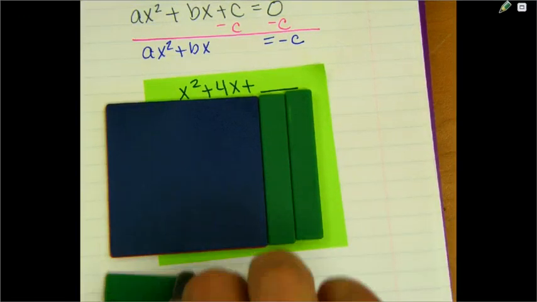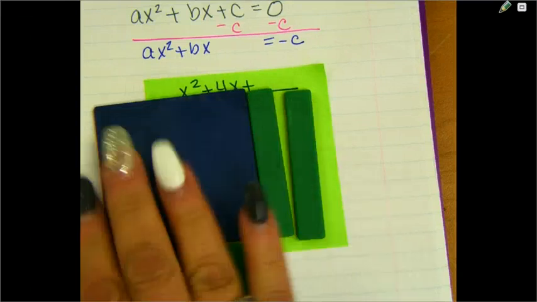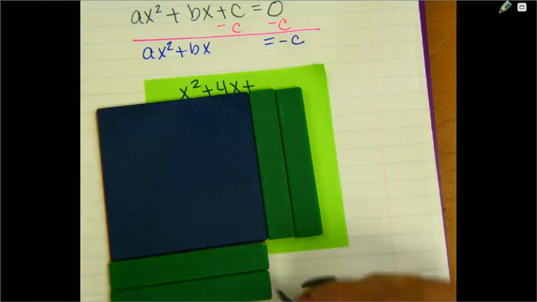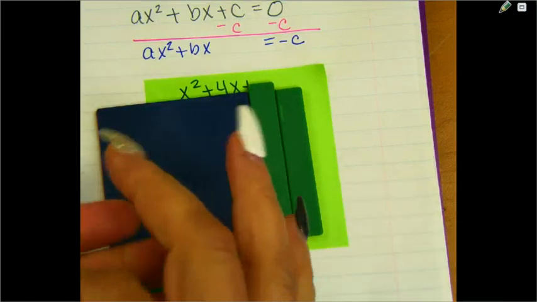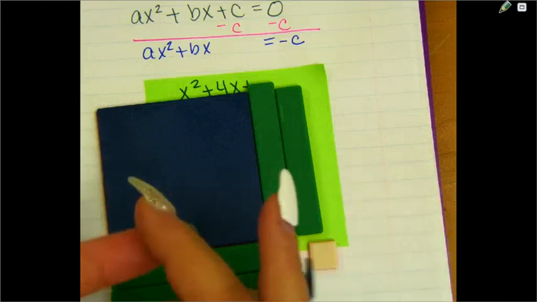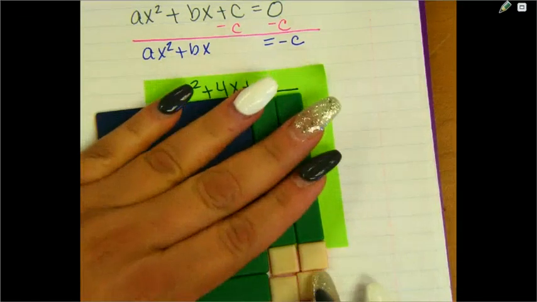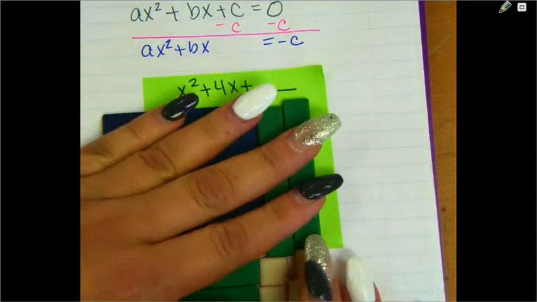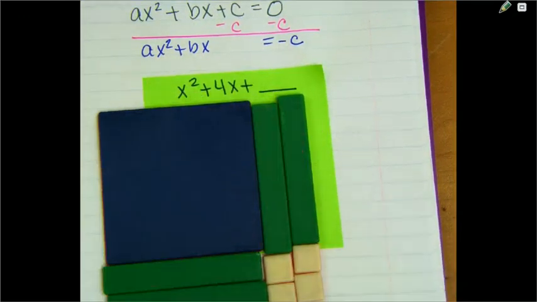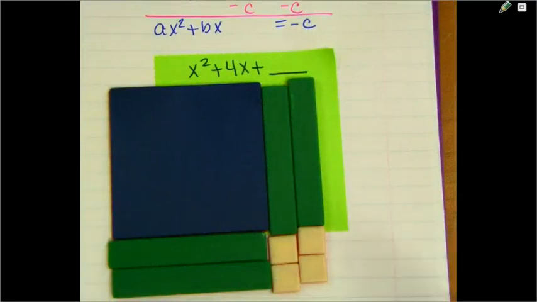No. Like this, right? And to complete the square, you need how many? 4 of the little ones. 1, 2, 3, 4. Right? Now, is it a square? Yeah. It is. I can draw it, put it together. Yes? It's a square. So what are you adding here? Positive 4.